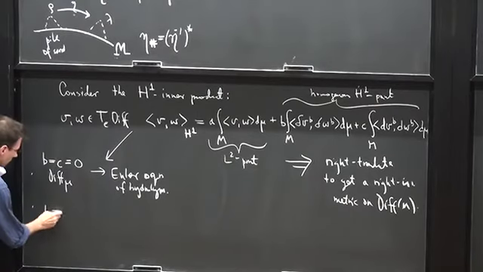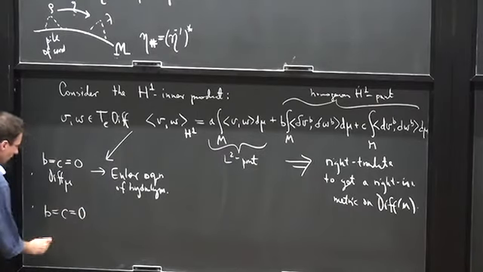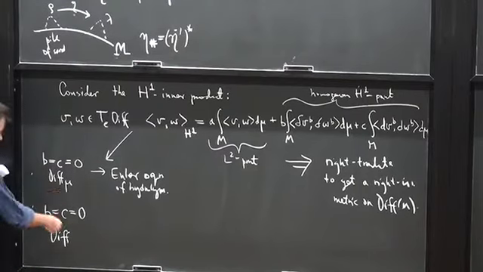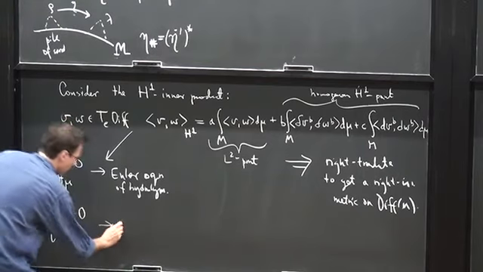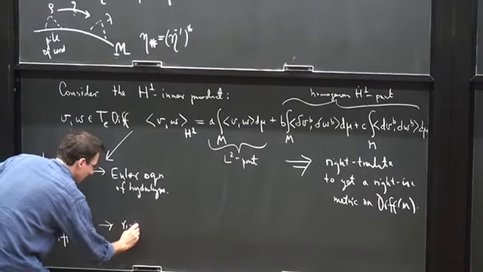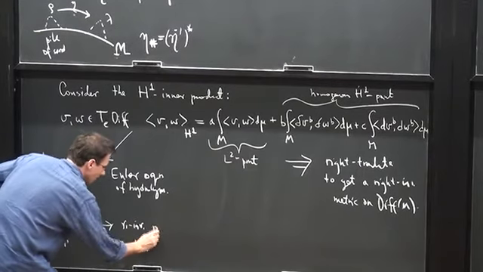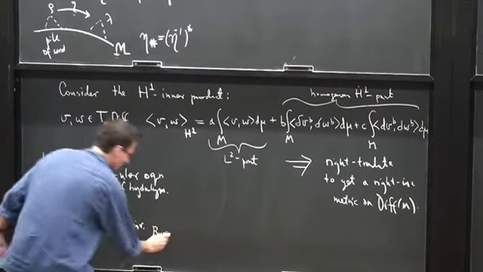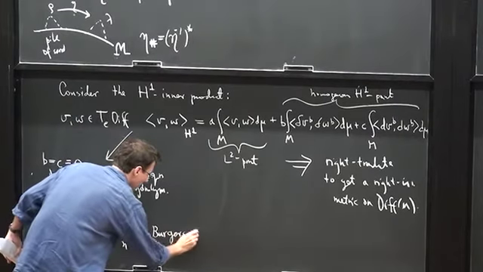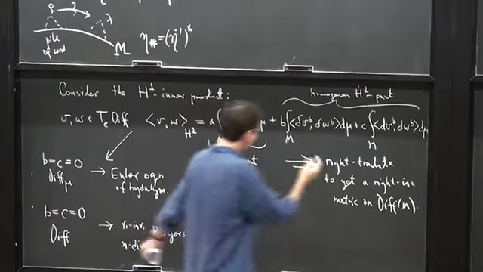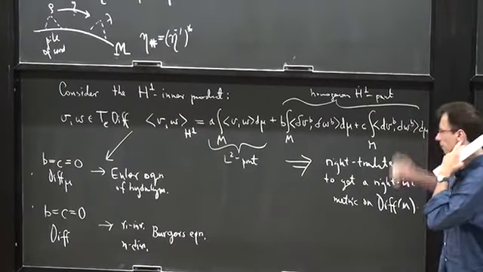So if B equals C equals 0, and we stay on the bigger group of all diffeomorphisms, then we get the right invariant n-dimensional Burgers or pressureless Euler equations. And one gets also Euler alpha or EPDiff equations in this way.